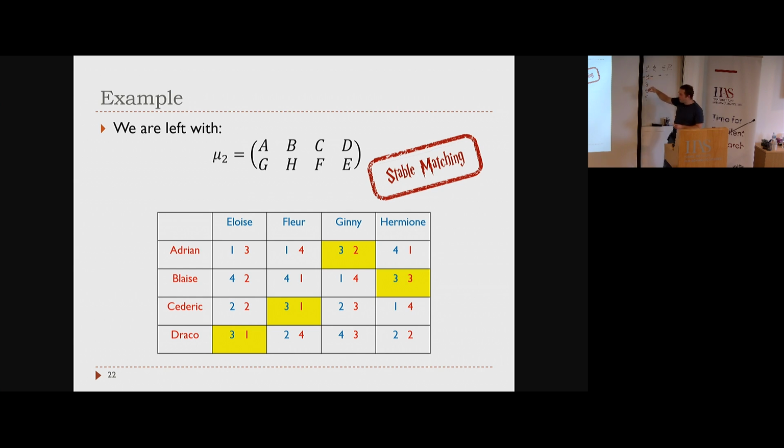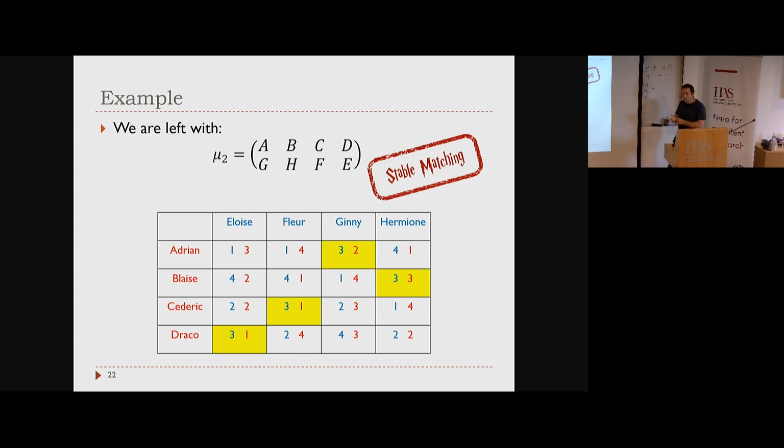In our case, the first day, Blaise proposed to Flora, and Flora rejected him. So that arrow goes down by one. Then the second day, it also went down by one. Then the third day, it was, I think, Adrian that went down by one.